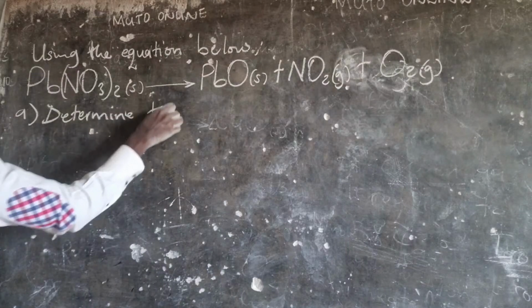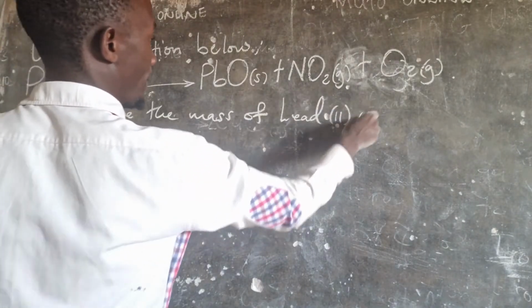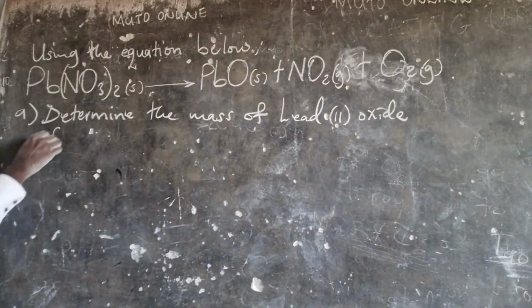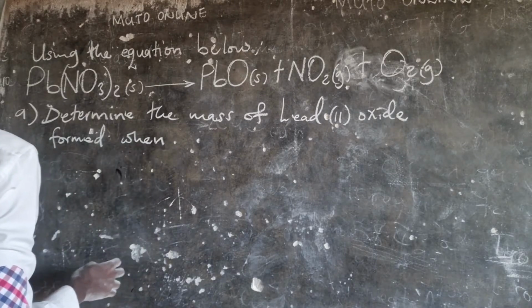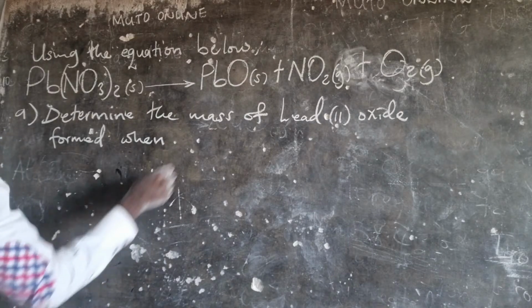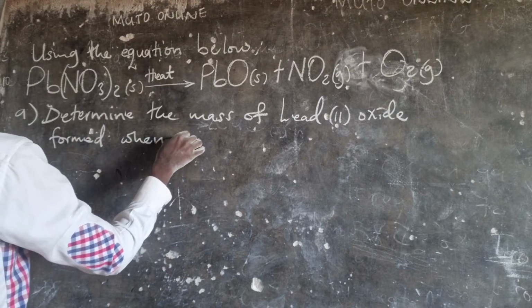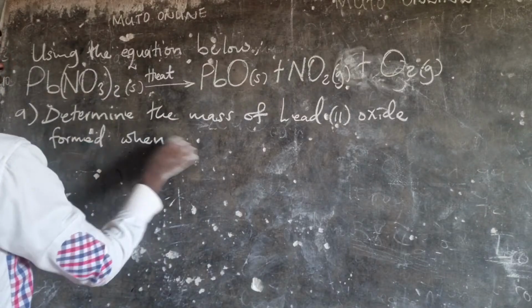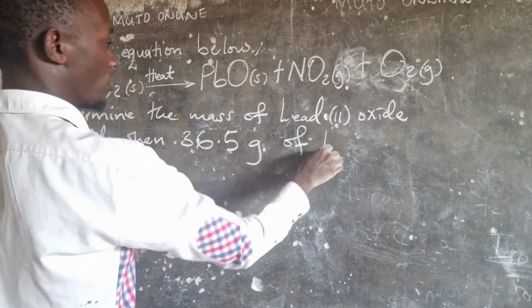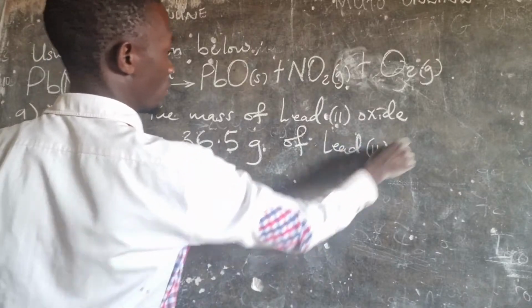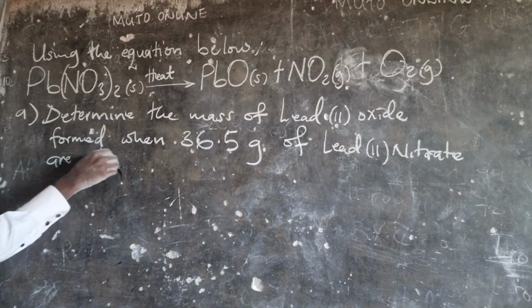So you're going to determine the mass of lead 2 oxide formed when 36.5 grams of lead 2 nitrate are strongly heated.